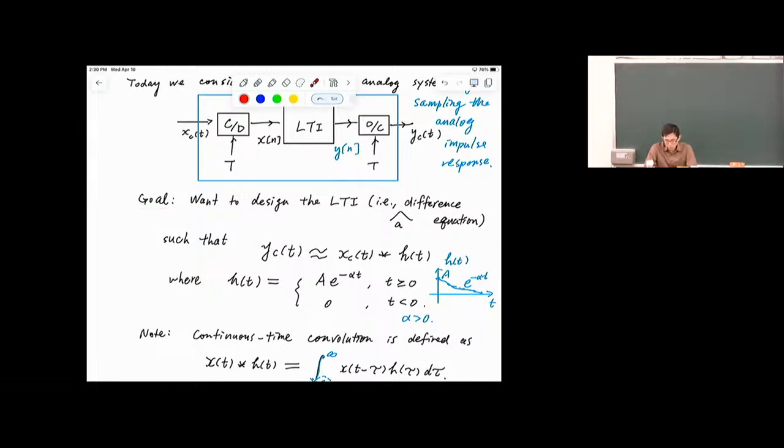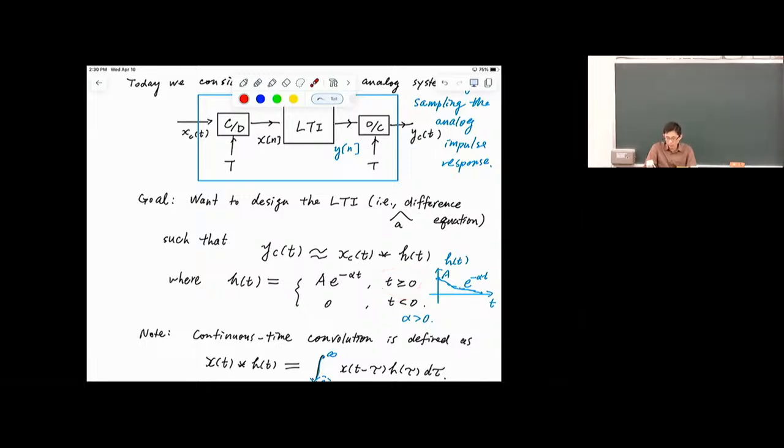Suppose that we have an example of a continuous time system. If we have an analog system whose impulse response can be written as such, A times an exponentially decaying signal, A being a constant, as a function of t for t after 0.